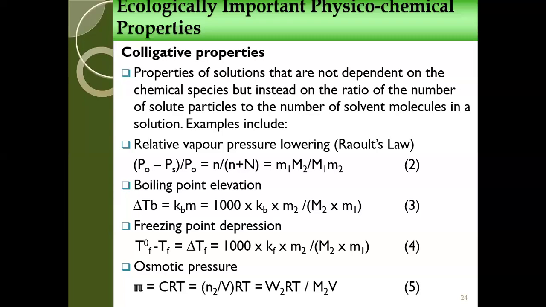So water freezes at what temperature? 0. So the new freezing point, as a result of the addition of that chemical, will be equal to 0 degrees Celsius minus 6.01, which is equal to -6.01 degrees Celsius.